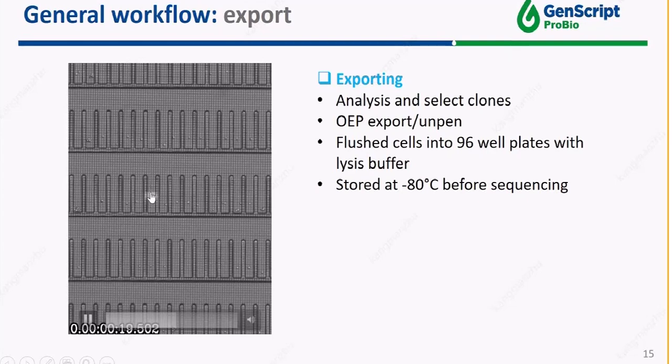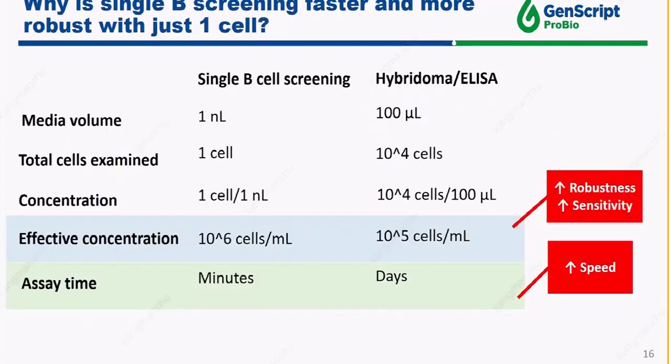The cell is then exported all the way to the channel and flushed into 96-well plates pre-filled with lysis buffer. Here you can see the plasma cell being moved to the channel. The plate with the cells in lysis buffer can then be stored at -80 degrees before sequencing.